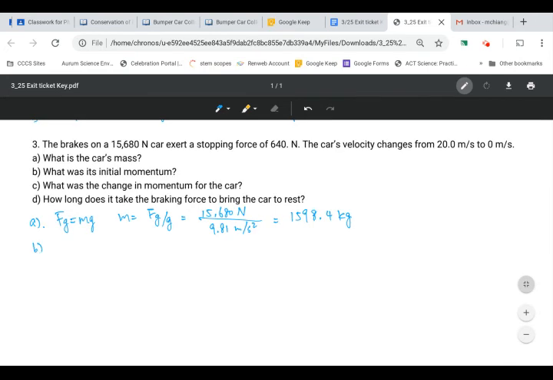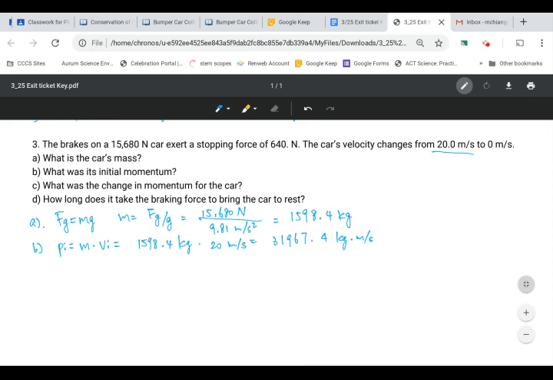Okay, B. What was the initial momentum? Initial momentum is mass times initial velocity. So our mass is 1598.4 kilograms. Our initial velocity is 20 meters per second. So your answer is 31,967.4 kilogram meters per second. Okay.